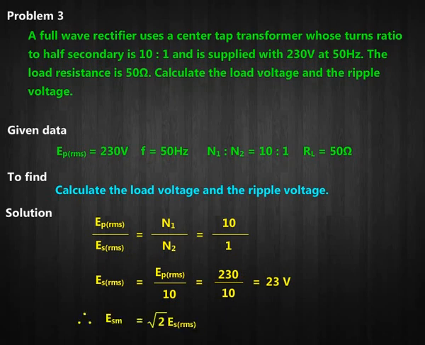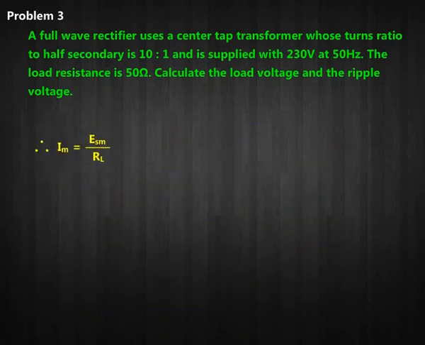Therefore, ESM is equal to root 2 ES RMS is equal to root 2 into 23, which is equal to 32.5269 volts. Therefore, IM is equal to ESM by RL.